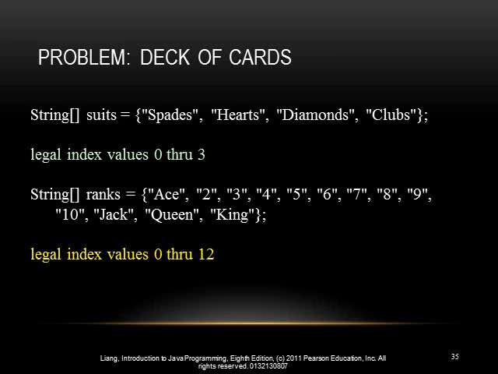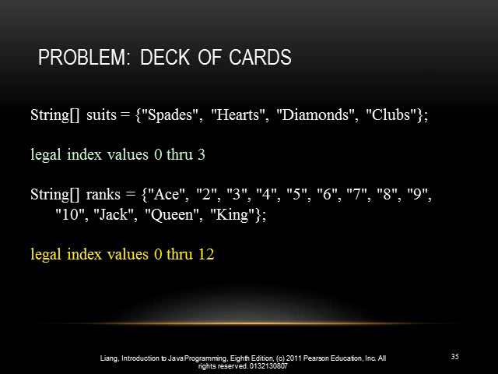A deck of cards doesn't simply contain the numbers 0 through 51. We kind of need 2 additional arrays. One for suit, called suits, and one for rank, called ranks. Now a random number is generated between 0 and 51 to pick a card out of our deck.